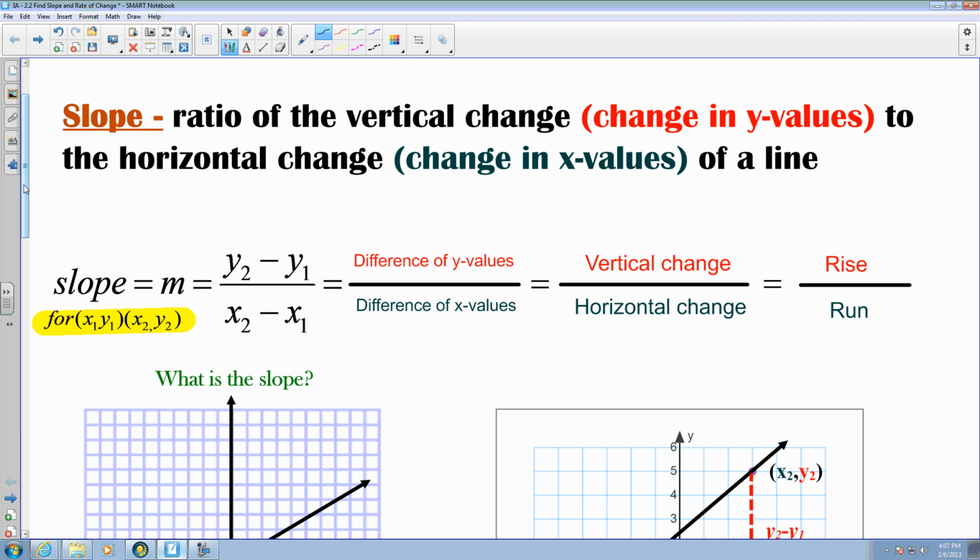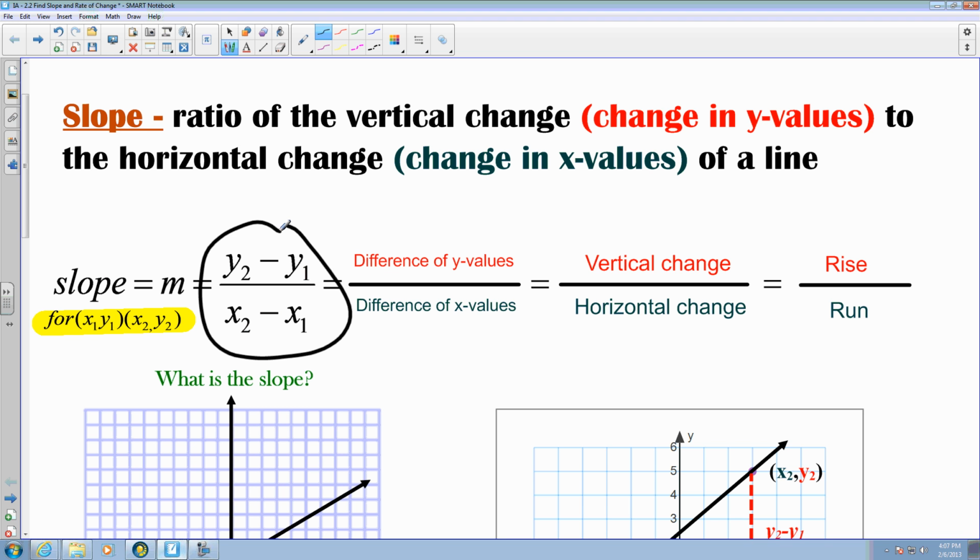For starters, slope is the ratio of the vertical change, which means the change in y values, over the horizontal change, which is the change in x values of a line. Slope is represented as the letter m, and the equation for it is right here: y sub 2 minus y sub 1 divided by x sub 2 minus x sub 1.